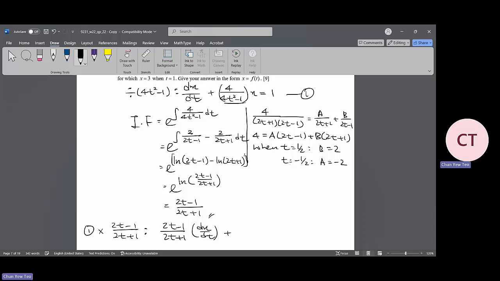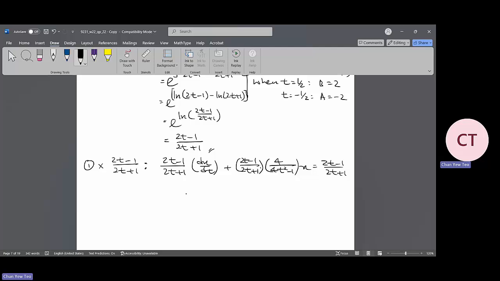We need to simplify it first. If we simplify it, you will get this as 4 over 2t plus 1 squared.